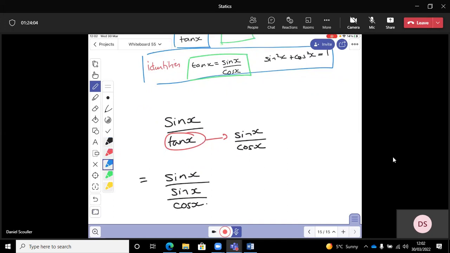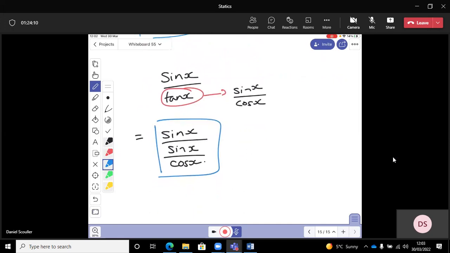Now, that looks odd. However, if you've got a fraction as part of a fraction, in the denominator, you can take that bottom term and flip it up to the top.